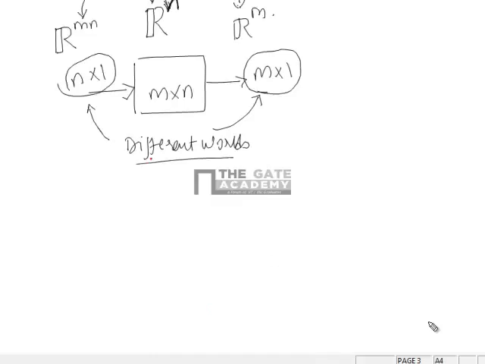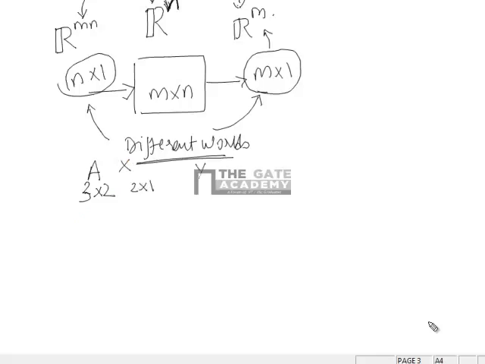Correct? In the world of vectors, N cross 1 exists in the world called Rn, and N cross 1 exists in the world called Rm. Say for example, let us take an example. Let me say that my A is a 3 cross 2 matrix. My X is 2 cross 1.